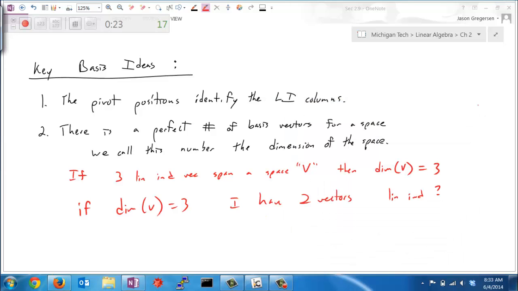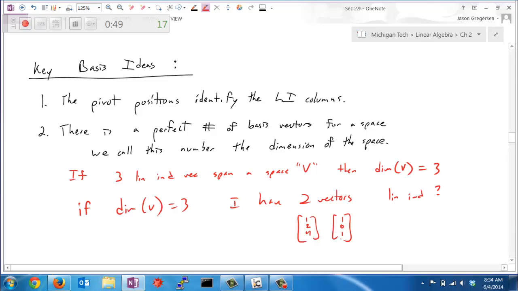What does it mean to be linearly independent? They're not multiples of each other for 2 vectors, or if there's more vectors, they're not linear combinations of the others. So if I grab 2 vectors in a 3-dimensional space, 1, 2, 4, and 1, 0, 1, could they be linearly independent? Sure. Absolutely. No restrictions on that.